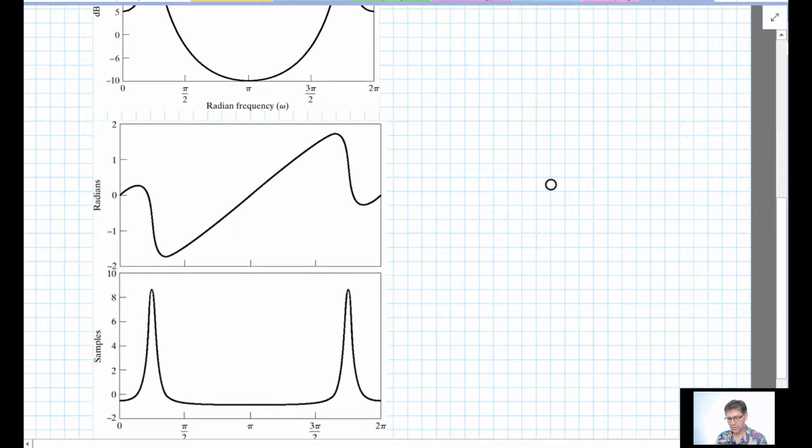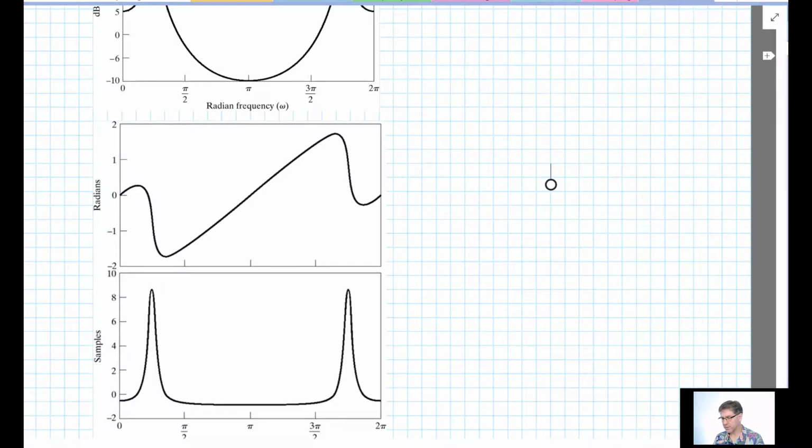And it shows that where the phase is changing the most rapidly, you have the highest group delay, corresponding to the highest slope here in the phase response. And the group delay is in samples. So we have a group delay of almost 9 samples right near the pole, and just below 0 away from the pole.